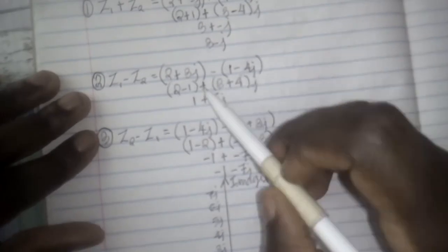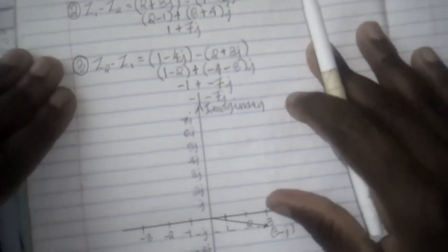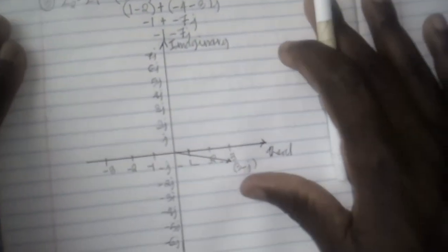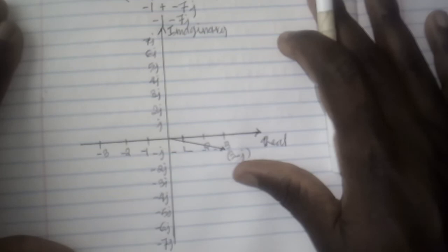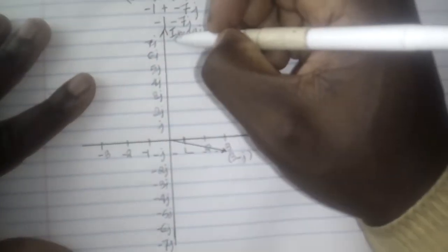Okay. Second one, the result, z1 minus z2. Answer was 1 plus 7j. 1 is here, j is here.